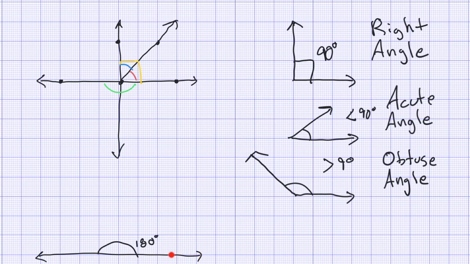This is basically just a line, but it has an angle of 180 degrees. And that would be called a straight angle because it is on a straight line.